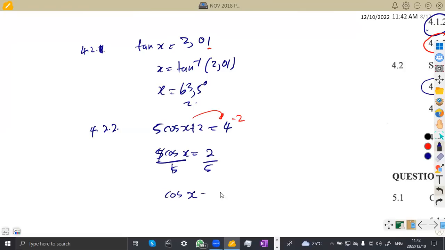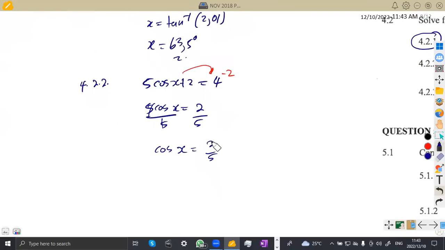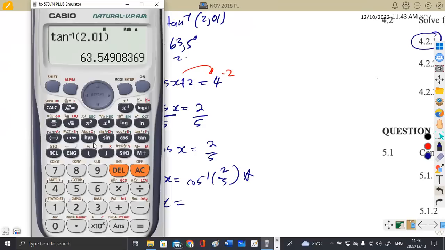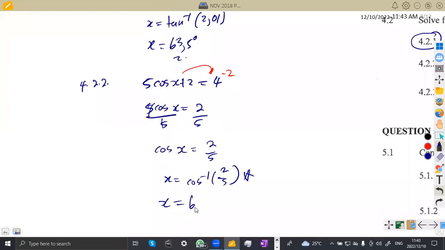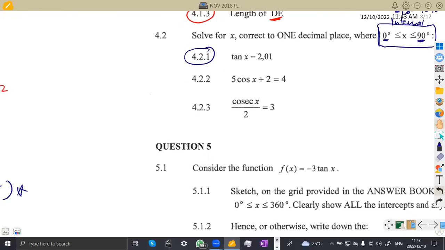So cos x is equivalent to 2 over 5. To find x, just like what we did, is going to be arccos of the value. So x is equivalent to arccos of 2 over 5, or just use your calculator. You can even not present this part. From your calculator, shift cos 2 over 5 gives us 66.42, to 1 decimal place that is 66.4. So it's 66.4 degrees. From 0 to 90, that answer is going to work.